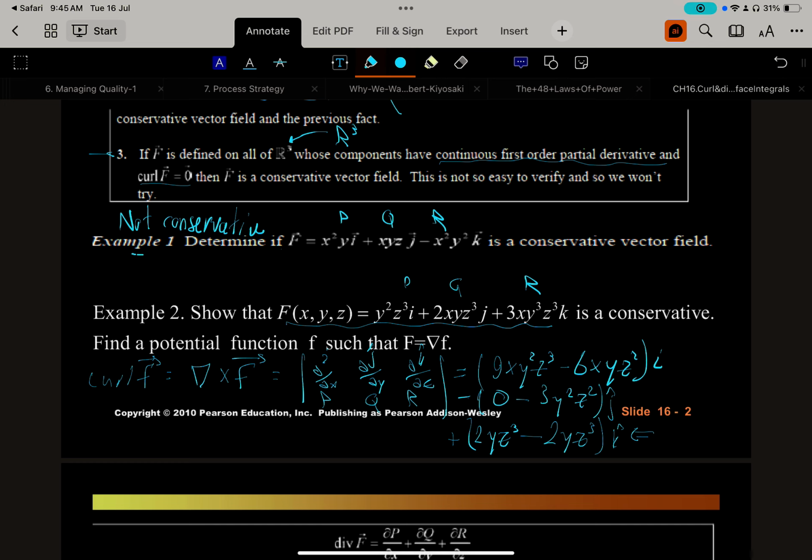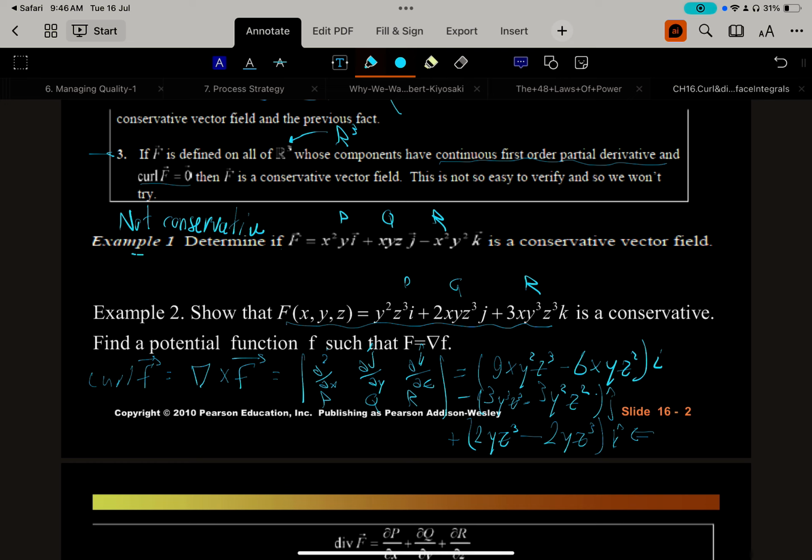With respect to x, it's just gonna be 3y cubed z cubed, minus, we're gonna then get P_z. So P_z is just 3y squared z squared. Yes, okay, so now this is correct.